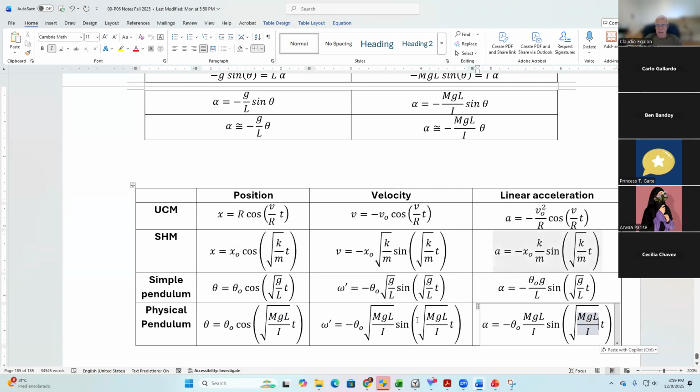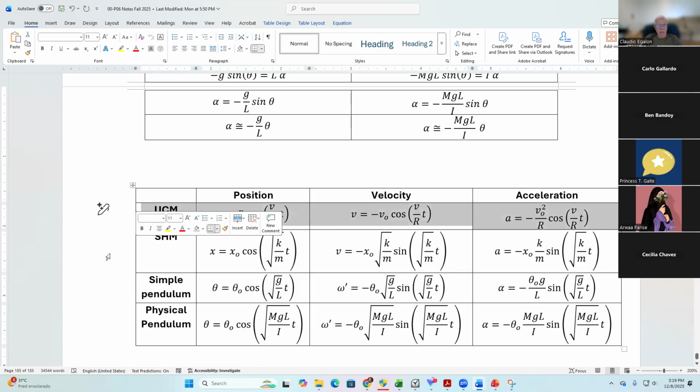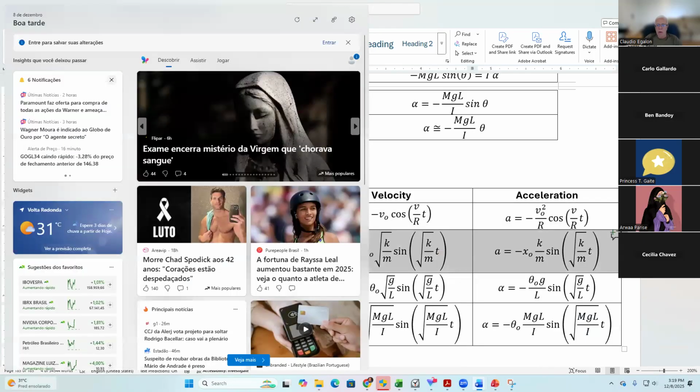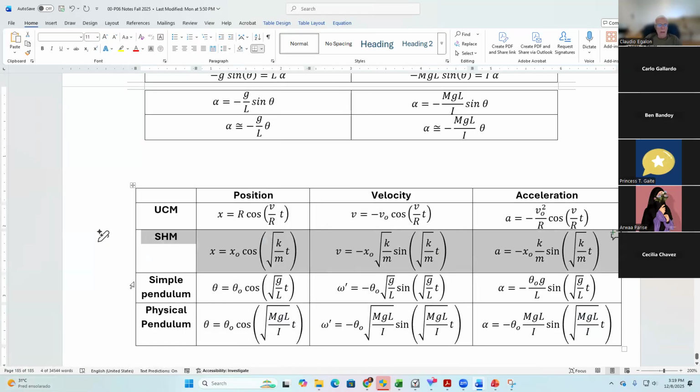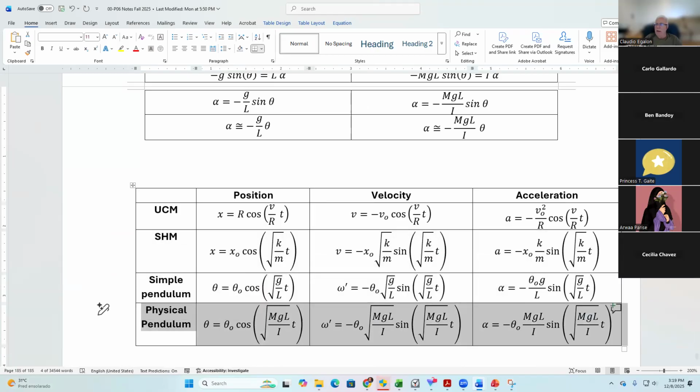Position, velocity, acceleration, not linear acceleration, but acceleration, right? Here is linear acceleration, here is linear acceleration, right? And here is angular acceleration, here is angular acceleration.